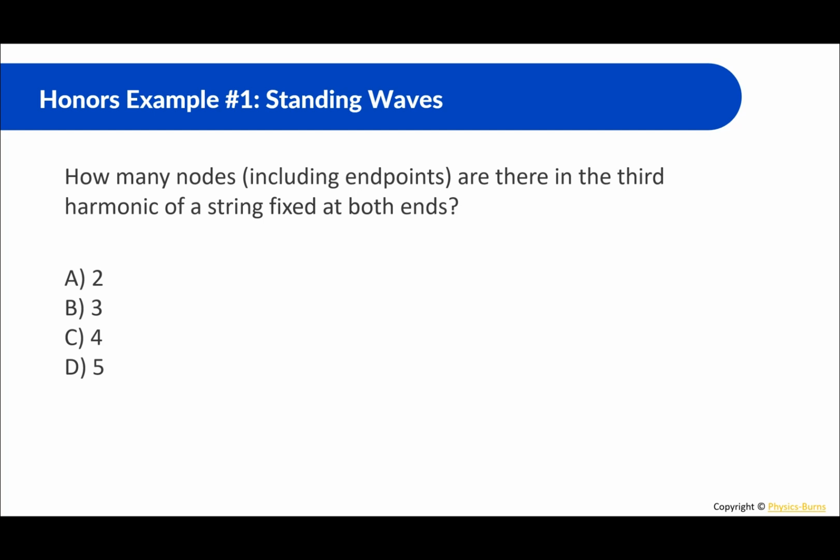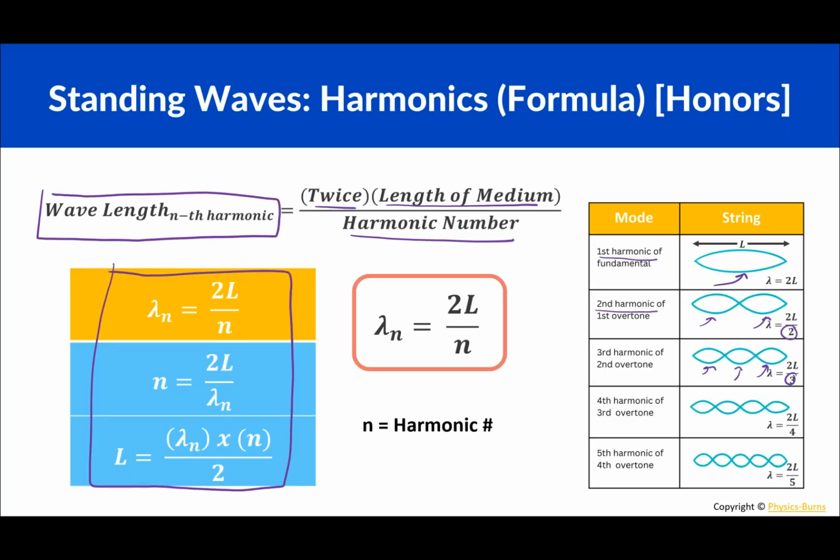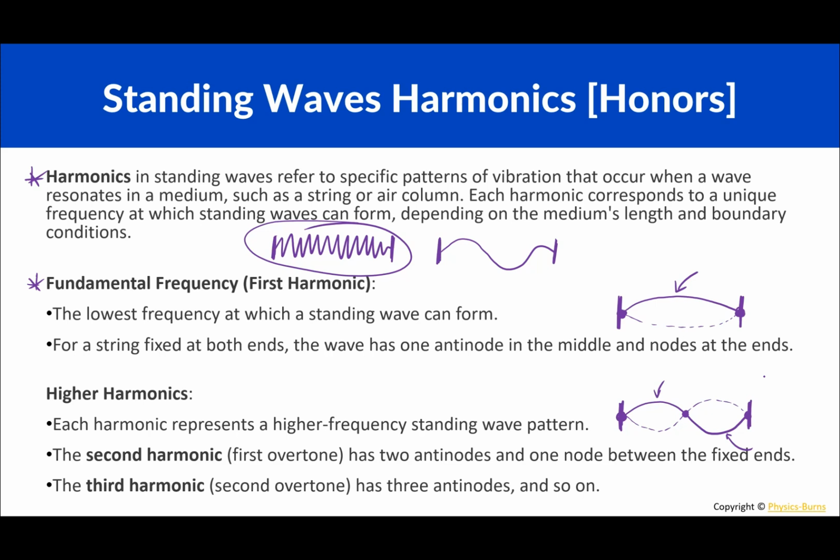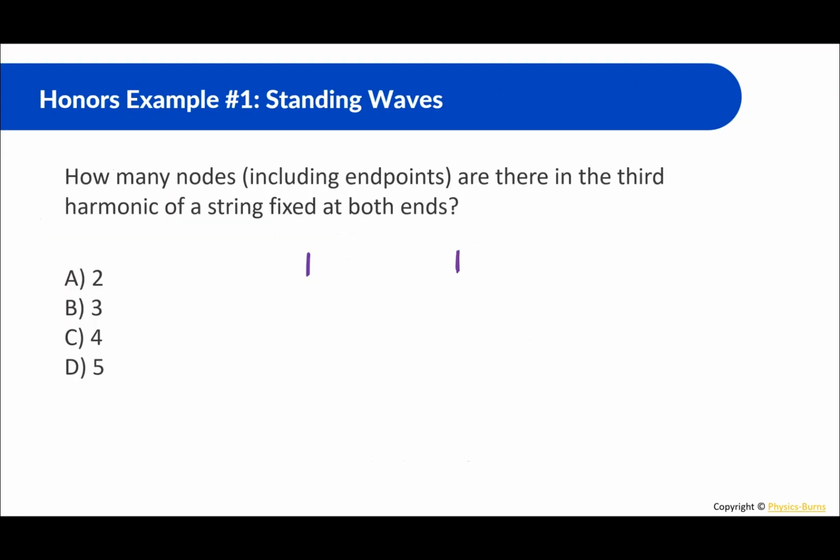moving on. How many nodes, including endpoints, are in the third harmonic of a string fixed at both ends? Okay, third harmonic. So if we look back over here, we can see a third harmonic has 3 antinodes. Oops, sorry. So here we go.